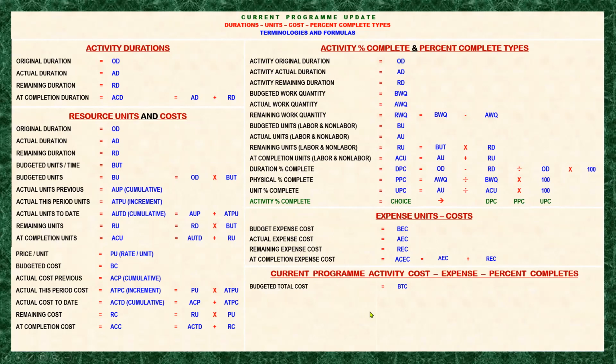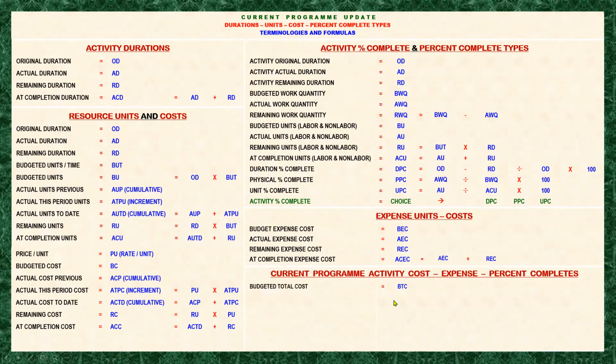That is why I tried my best to explain this way, so that everybody will understand how Primavera terminologies are understood. Okay, because Primavera has its own way of calculating, presenting, or organizing the activities.